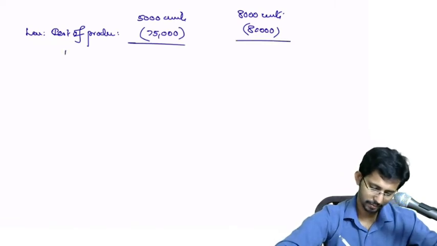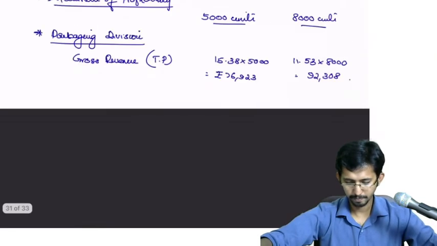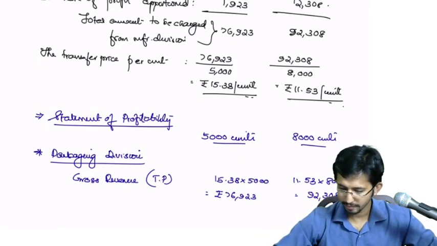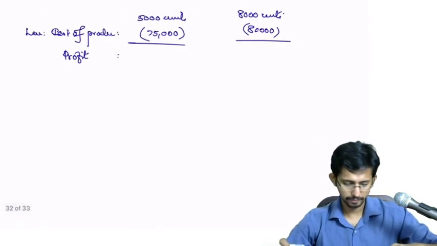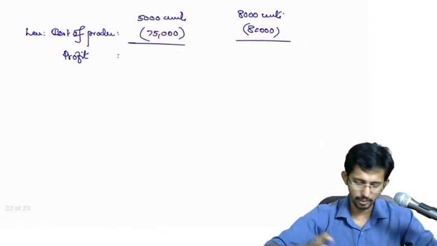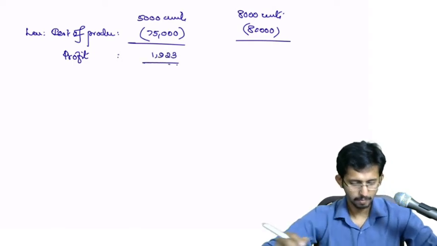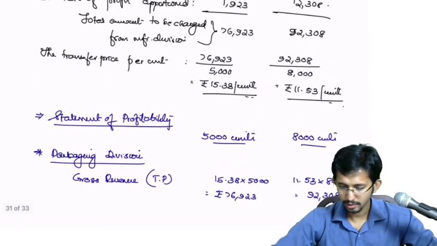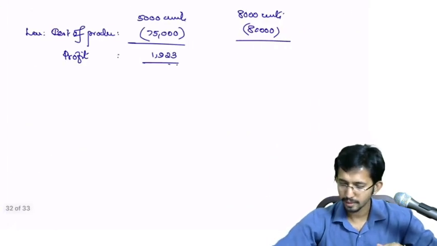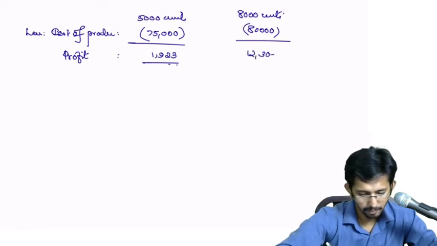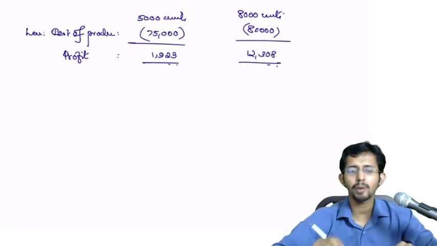So profit will be 76,923 minus 75,000, that is 1923, and the other one, it is 92,308 minus 80,000, 12,308. This is same as the shared profit.